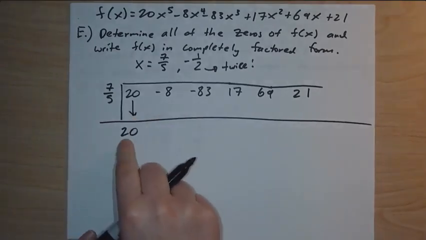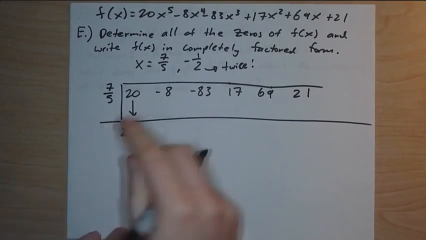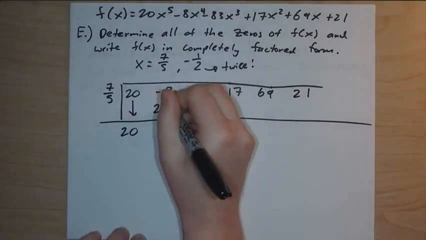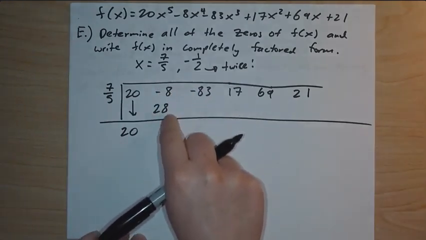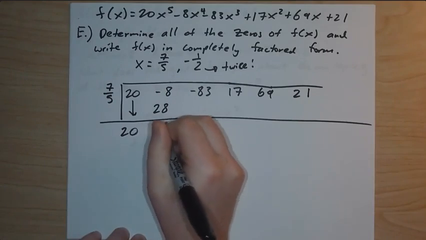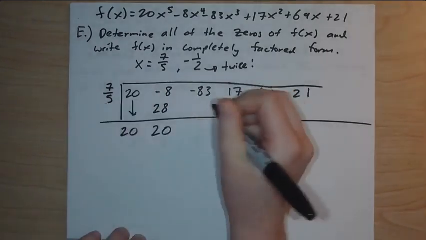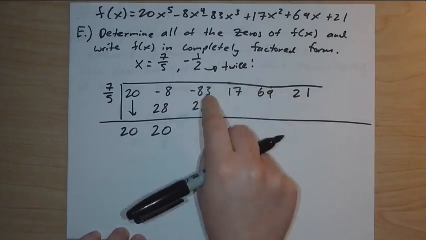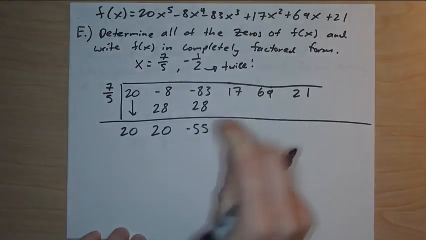What we're going to do with this number that's down here is multiply it by 7/5. 7/5 times 20 is 28, so we're going to put that here. We're going to add these two numbers together. Negative 8 plus 28 is 20. Then we're going to do the same thing here. 20 times 7/5 is 28. Negative 83 plus 28 is negative 55.